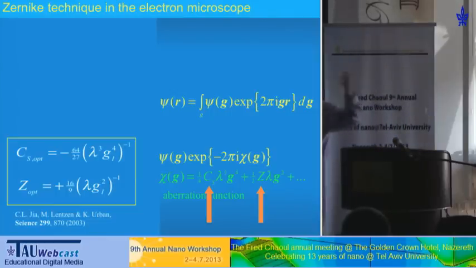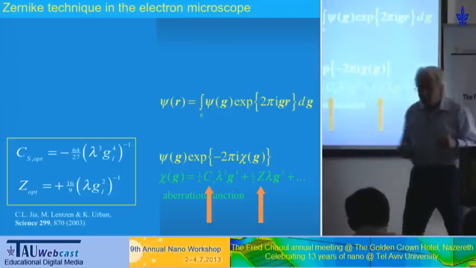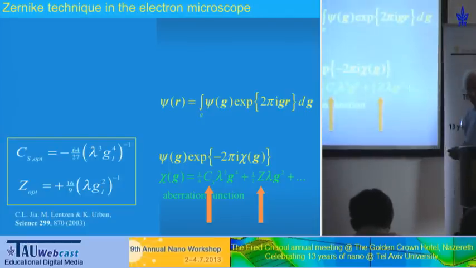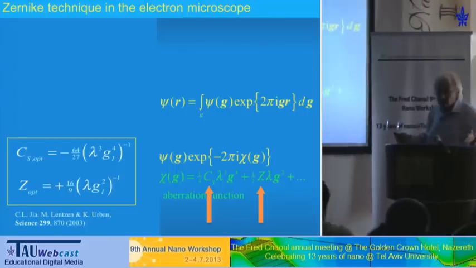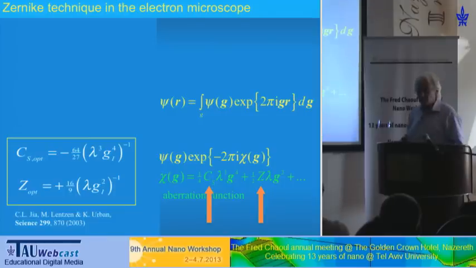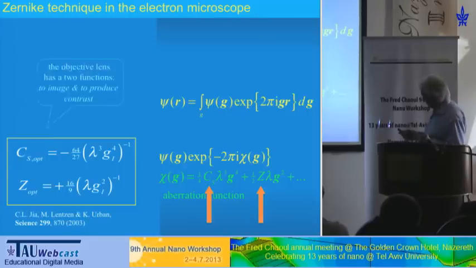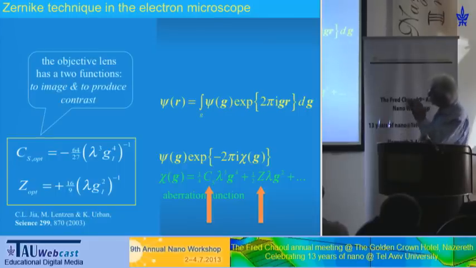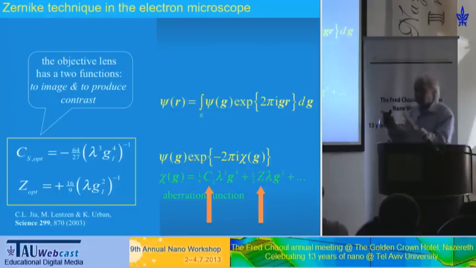Somebody who is not familiar with this would find this very strange, that you have a means to correct the spherical aberration of your instrument and you don't do it on purpose. We always maintain about 5% of the original spherical aberration in order to get good contrast. So in atomic resolution, your objective lens has two functions. The first one is to image.